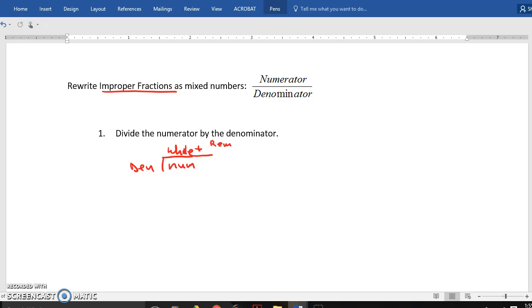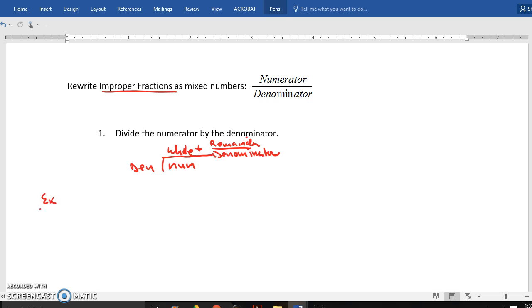We put the remainder over the denominator. So anytime the division isn't even, we get a mixed number, which is a whole number plus a proper fraction, meaning the remainder is less than the denominator.